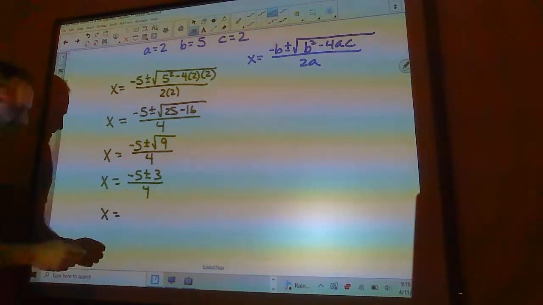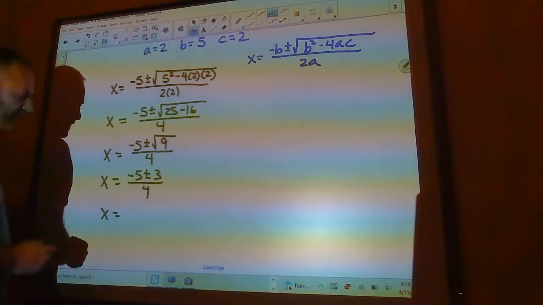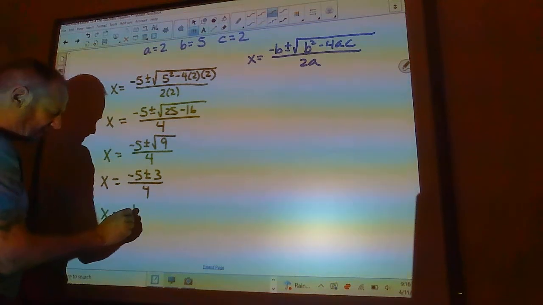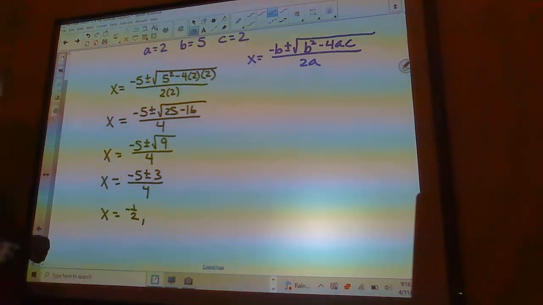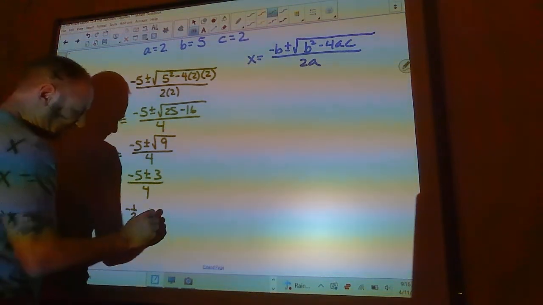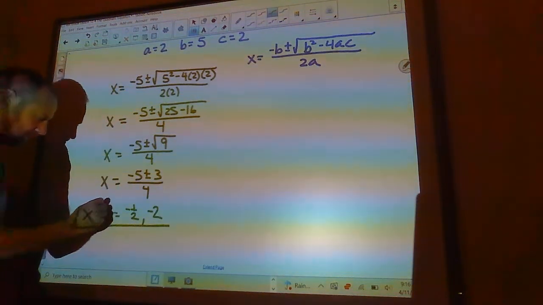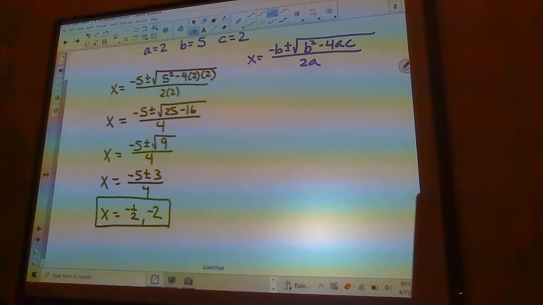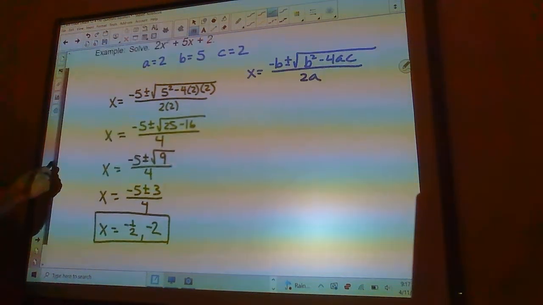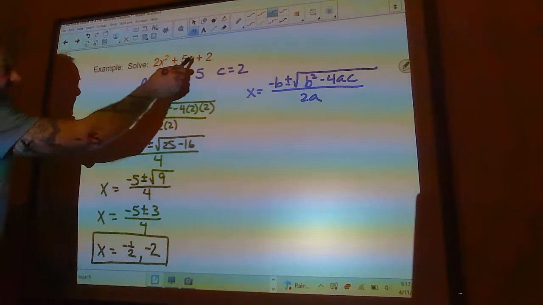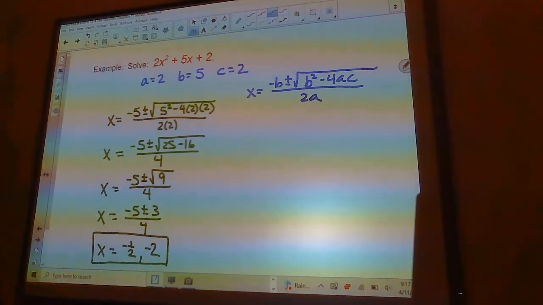So x is going to be, let's see, negative 5 plus 3 would be negative 2 divided by 4 would be negative 1/2. And negative 5 minus 3 would be negative 8 divided by 4 would be negative 2. There's my two solutions. And if you weren't sure, you could just take those two numbers and plug them back in here for x and confirm that you get 0.